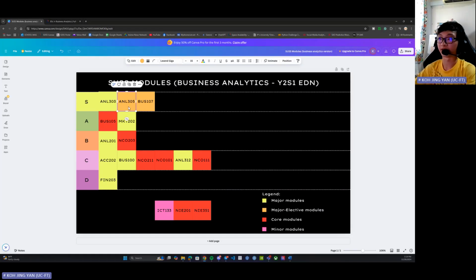But if you're asking me if you are mainly interested in analytics modules, I'll suggest to take ANL 305 lah, as one of them. And also, lastly, there are some concepts that you also learn in regards to ANL 312, where there's a portion of it which states you also learn about the different distances in clustering, such as the Manhattan distance, if I remember correctly.